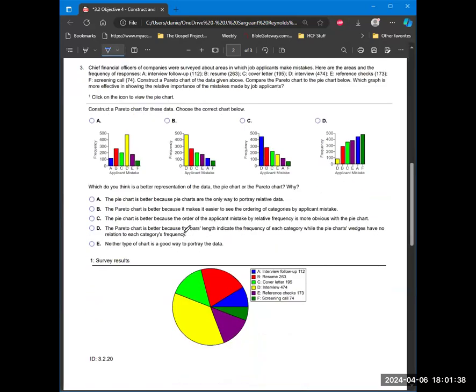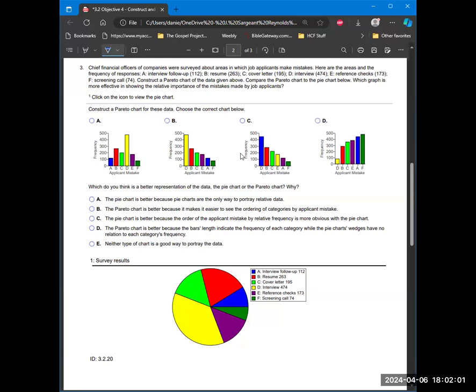Chief financial officers of companies were surveyed about areas in which job applicants make mistakes. Here are the areas and the frequencies of responses. A, interview follow-up is 112. B, resume was 263. C, cover letter was 195.